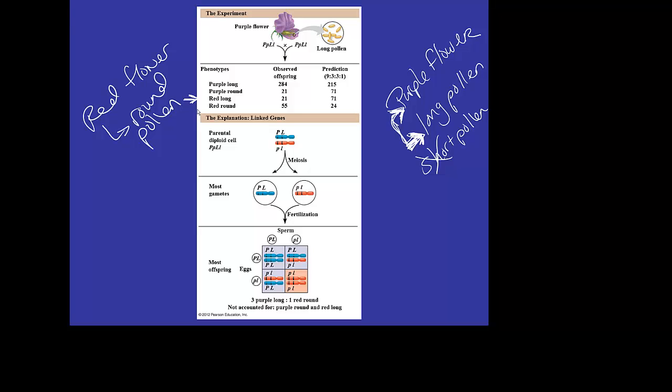I want to think about the inheritance of these chromosomes, the inheritance of these alleles. And that's what science works on now in genetics, is trying to understand where these genes lie on our chromosomes. Are they close together? Are they far apart relatively? Okay?